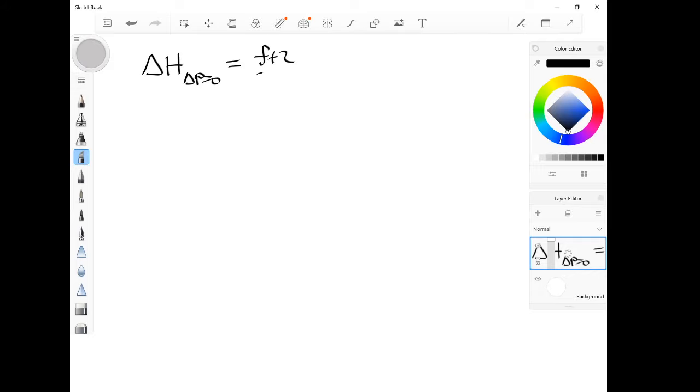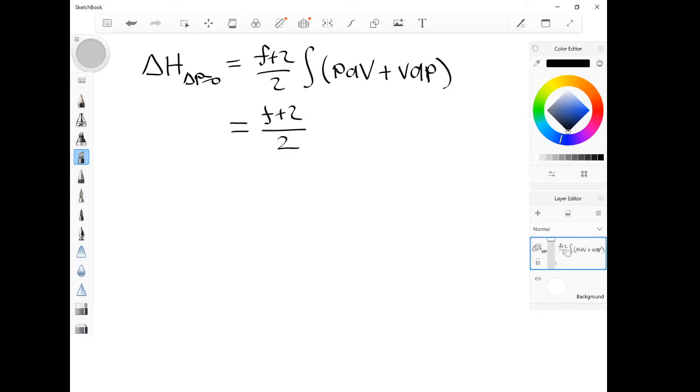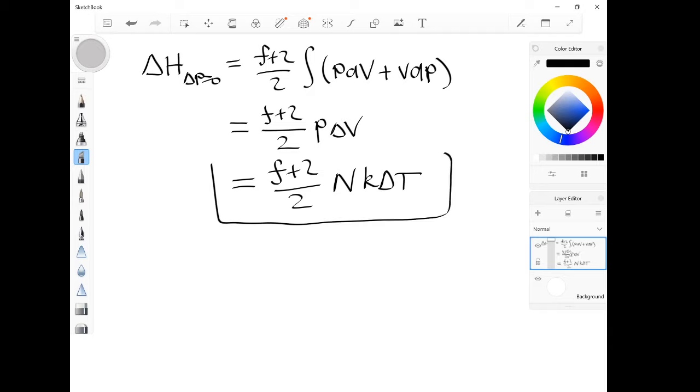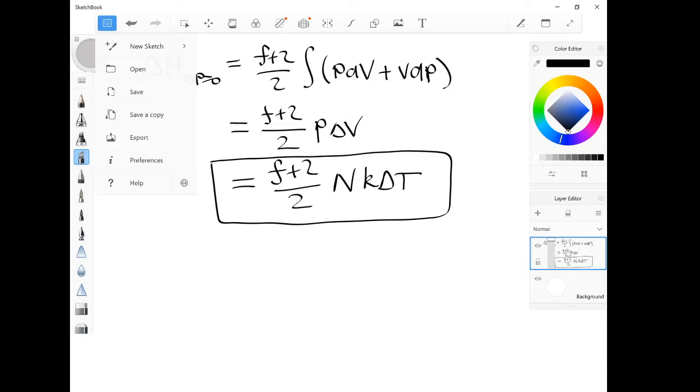So we've got (f plus 2) on 2 times PdV plus VdP, and that's going to be equal to (f plus 2) on 2 P delta V, which is equal to (f plus 2) on 2 Nk delta T. Alright, so we now have all of our changes in enthalpy for each leg of the cycle, and we'll put this equation aside as well, and we just need to now put everything together.